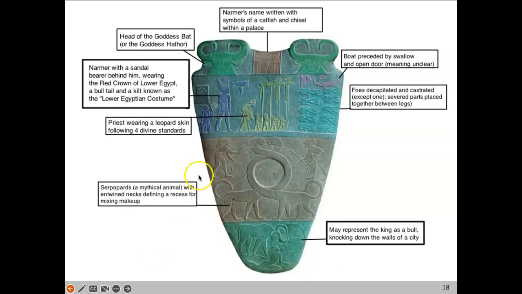Those creatures are controlled by 2 figures standing on their tails, holding their necks with leashes. And the intertwining of the necks probably represents the unification of the 2 regions of Egypt. And the figures holding the necks represent the control of humans over nature.